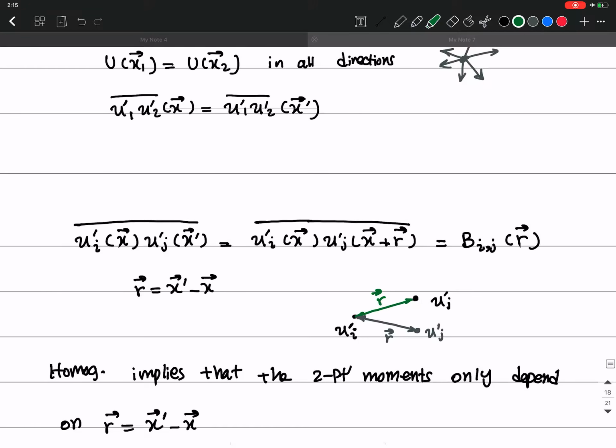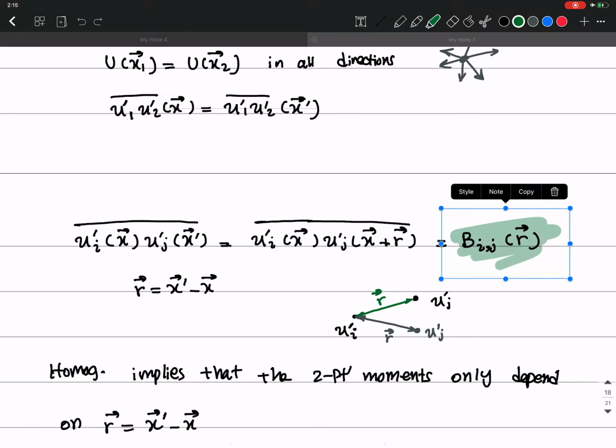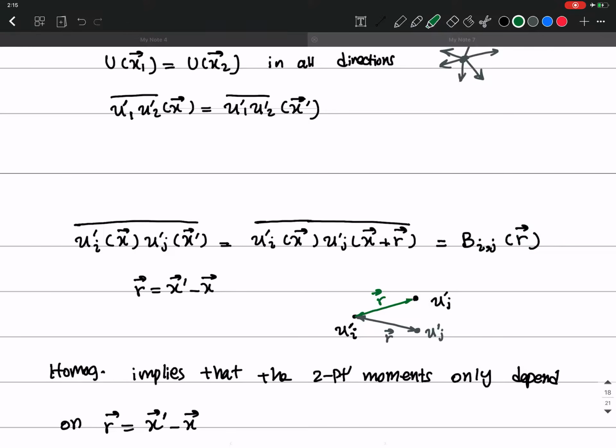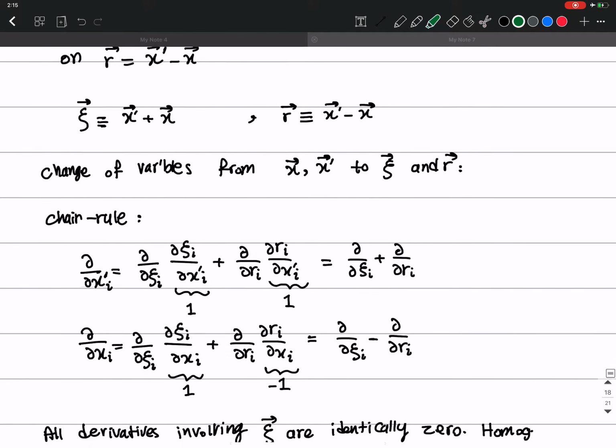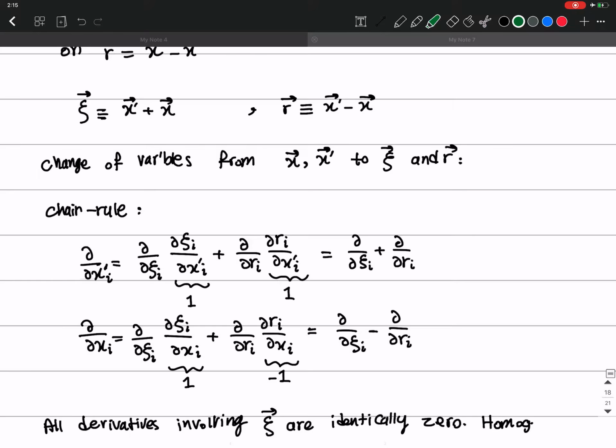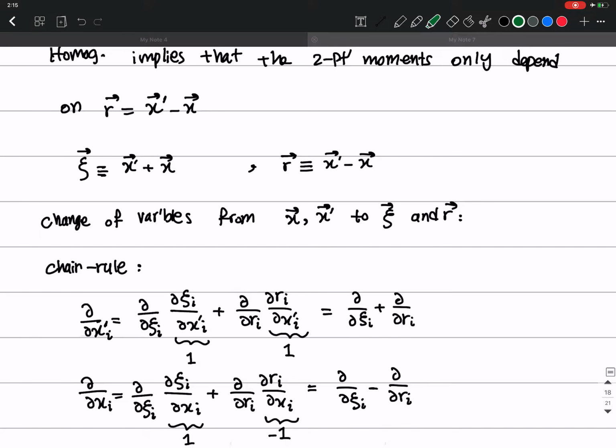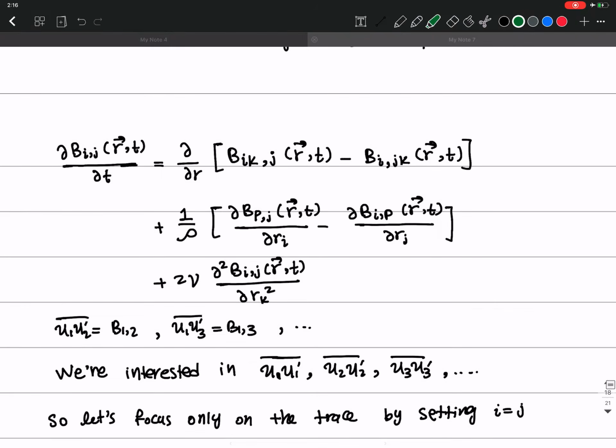In a homogeneous flow, the mean variables only depend on the distance between two points, and don't depend on their location. So we defined two sets of variables, r and xi, to change from x and x prime to these new variables, and then we finally got to this equation here.